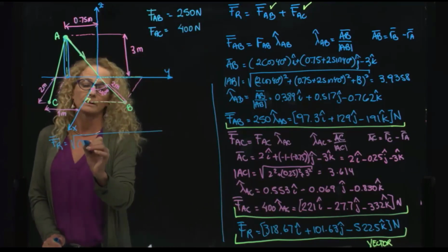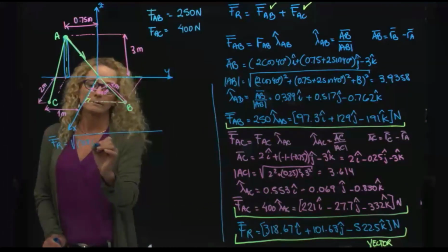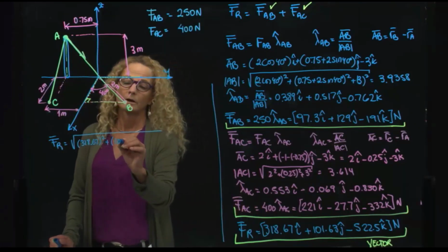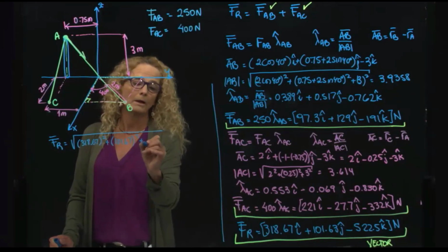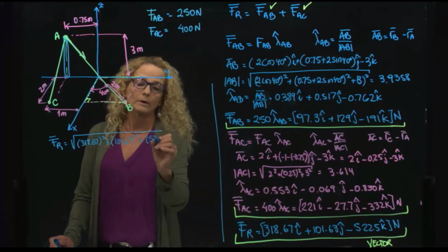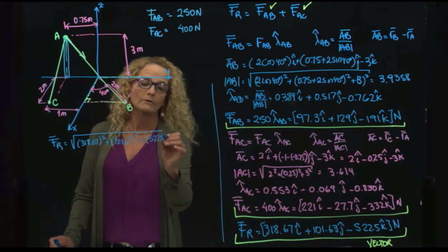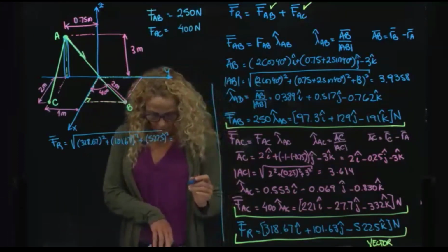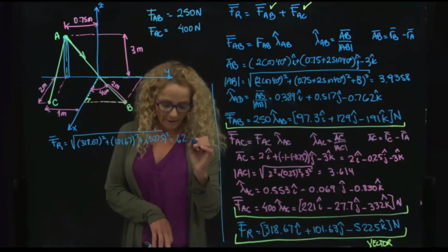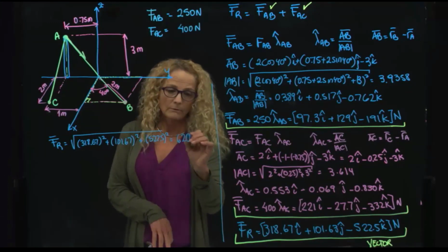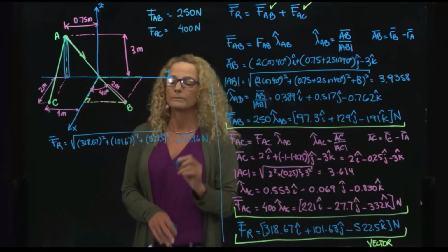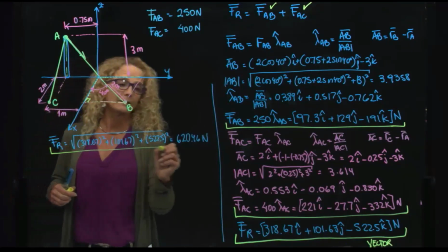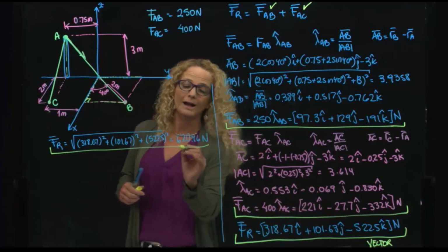So that would be 318.67 squared plus 101.67 squared plus 522.5 squared. And that gives me a total of 620.46 newtons.